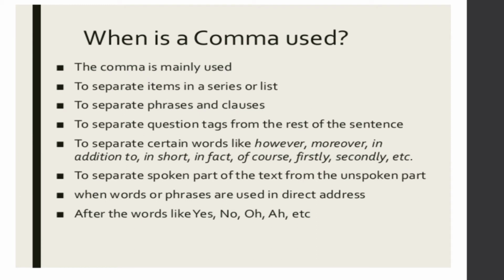When is a comma used? The comma is mainly used to separate items in a series or list, to separate phrases and clauses, to separate question tags from the rest of the sentence, and to separate certain words like however, moreover, in addition to, in short, in fact, of course, firstly, secondly, etc. To separate the spoken part of the text from the unspoken part.